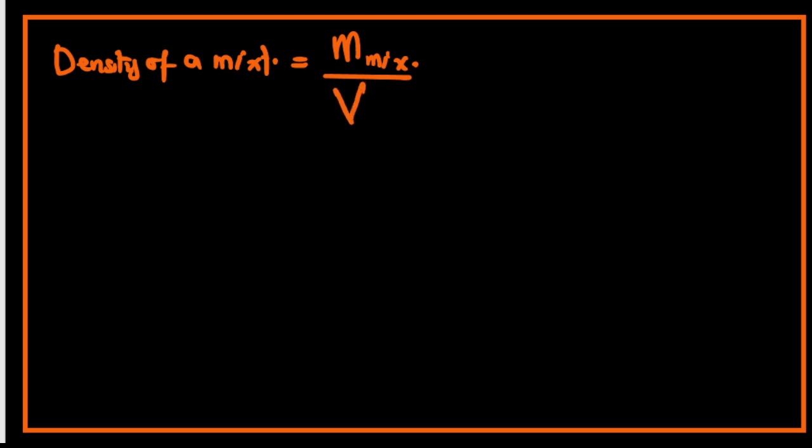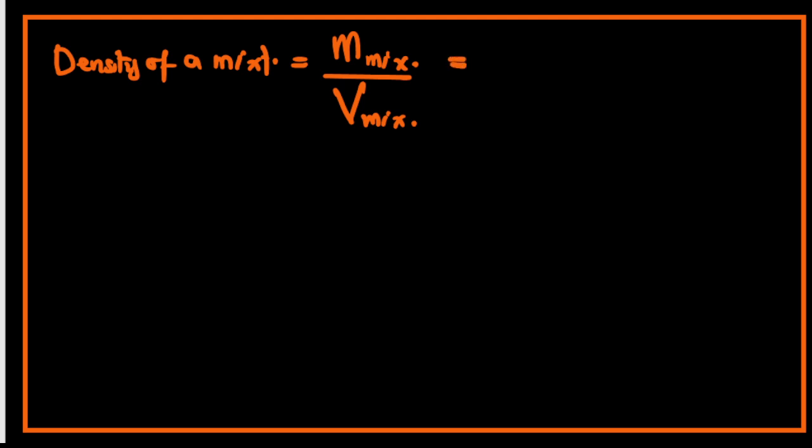Density of a mixture is going to be mass of the mixture over volume of the mixture.